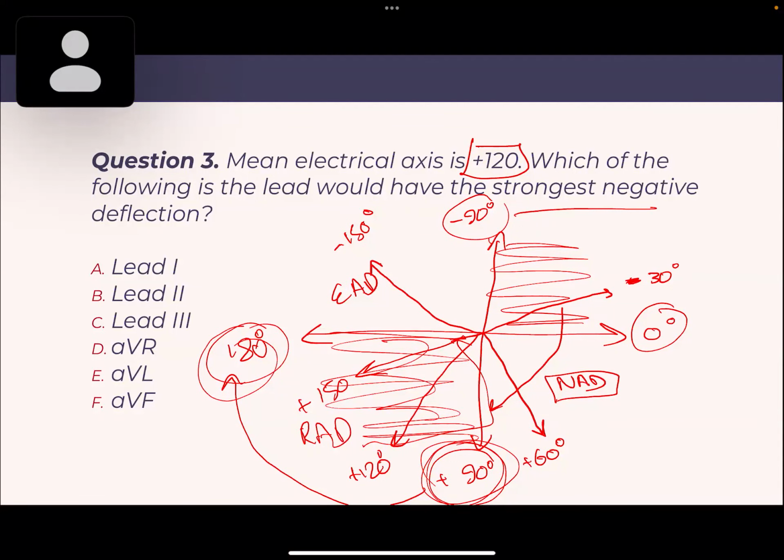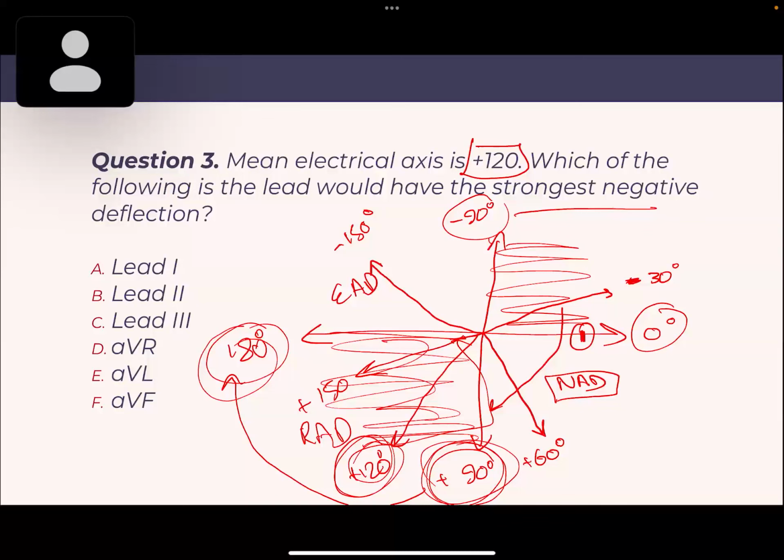So for this question, to solve this, you're going to need to use the net lead method, which is also known as the isoelectric method. The way you do that is that they're saying that the mean electrical axis is at positive 120 degrees. How do you figure this out? You plug in the leads, which we did not do so far. So at 0, we have lead 1, okay?